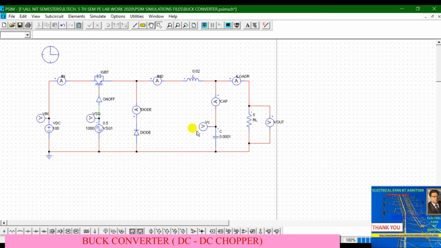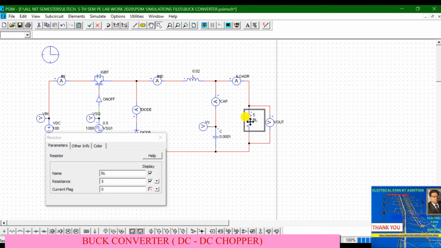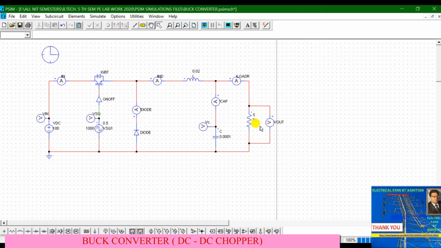Then a voltage probe and a current probe are connected, and finally a resistive load of 5 ohm. We can measure the output voltage and output current. This is the current probe for measurement of output current, and this is the current probe for measurement of capacitor current.